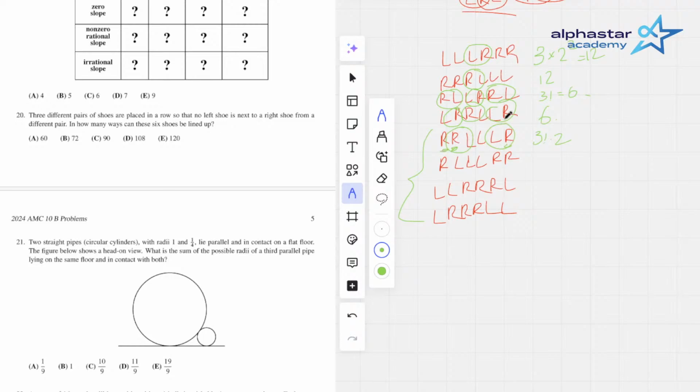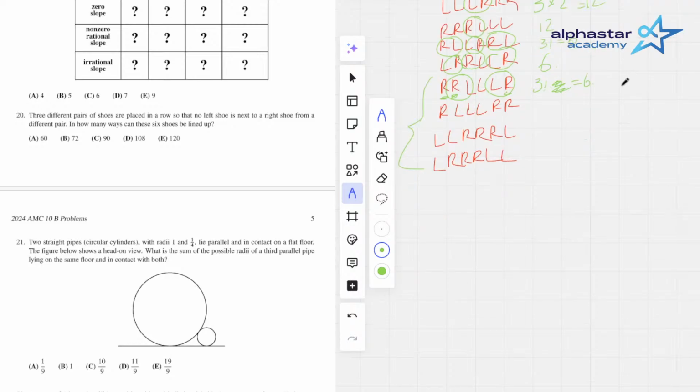And then that actually uniquely determines the order of the left shoes. Wait. If we determine the right, sorry, it's just 3 factorial, because after picking the 3 factorial ways to order the right shoes, the left shoes become obvious.